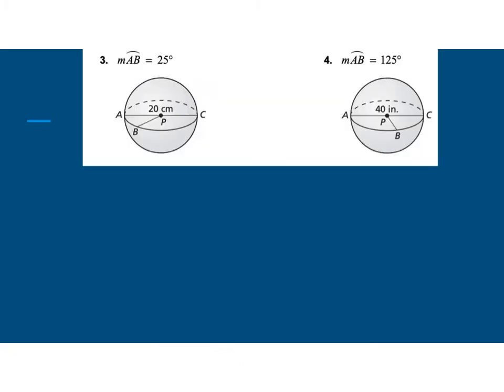Here are a few more examples. If the measure of AB is 25, to find the minor arc, we'll go x over 2 pi r. So D is 20, so r is 10. We'll set that equal to 25 over 360.